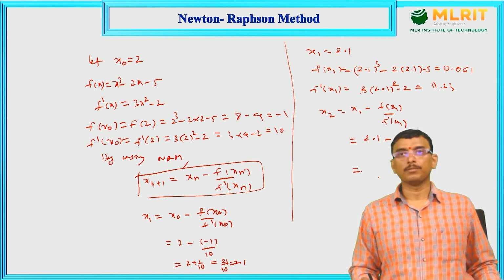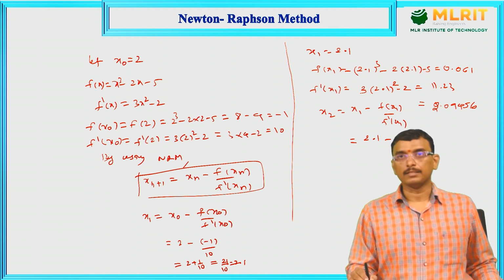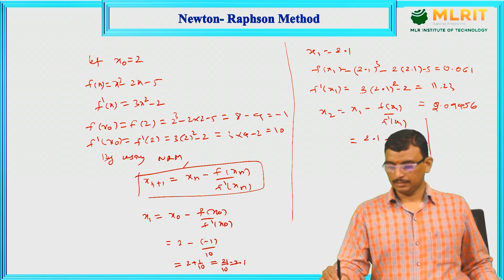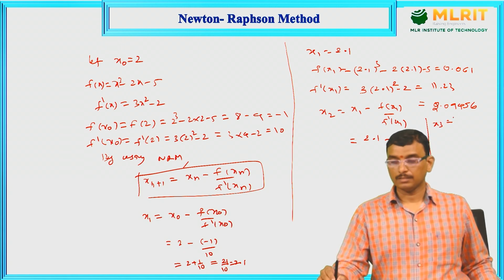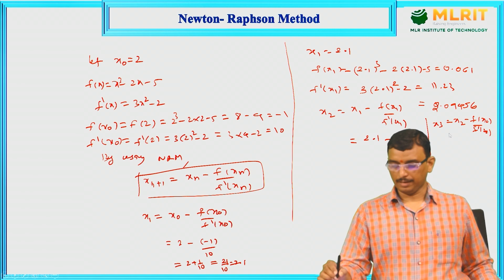So we get 2.09456. And next approximation root, similarly we can find x3. So x3 is equal to x2 minus f of x2 by f dash of x2. So substitute the x2 value here and find f of x2 and f dash of x2.